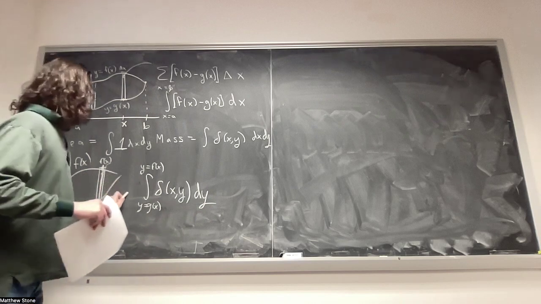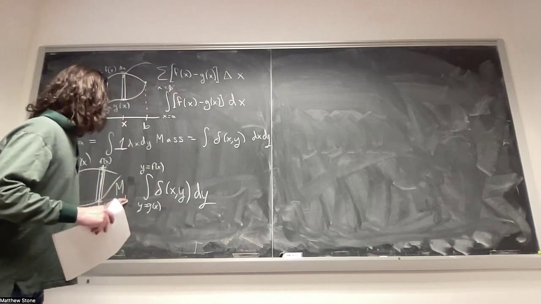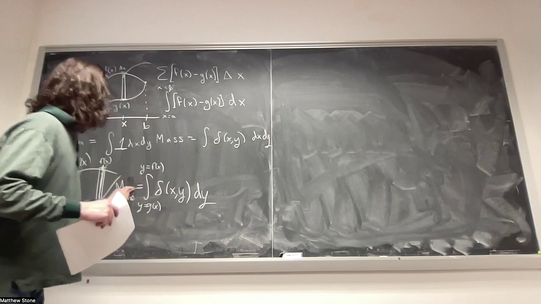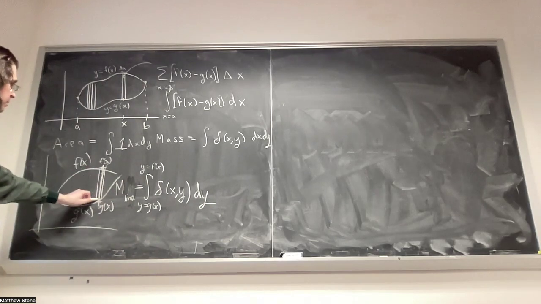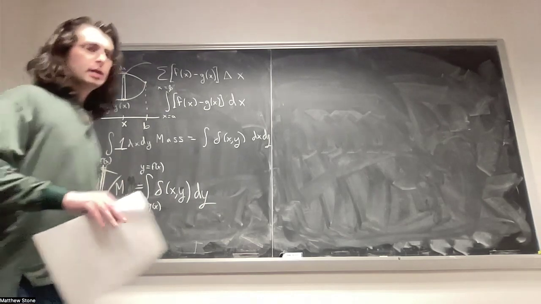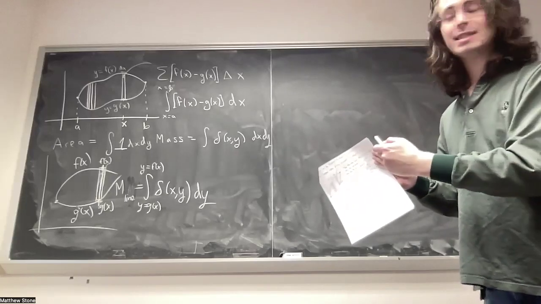And so this is the mass of the line. If that's the mass of our line, then the entire slice is just the mass of that line multiplied by the width of that slice.